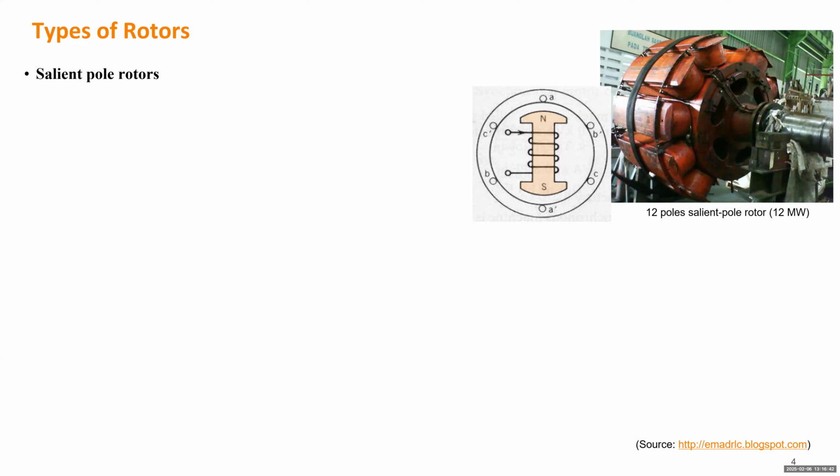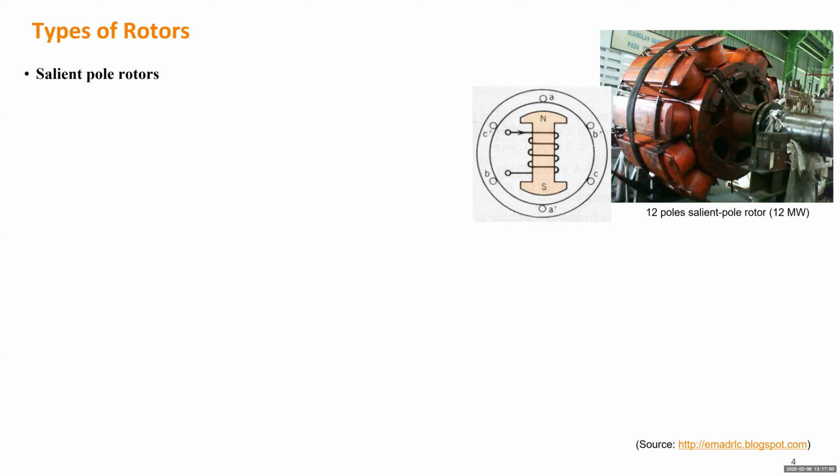Obviously, the air gap will increase in some directions. If you fit this one into the stator, the air gap will not be evenly distributed. The air gap will be larger between any two poles.